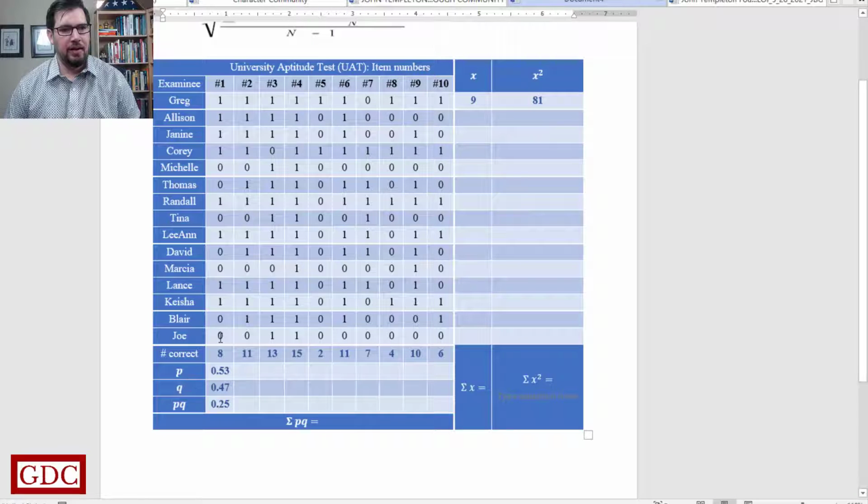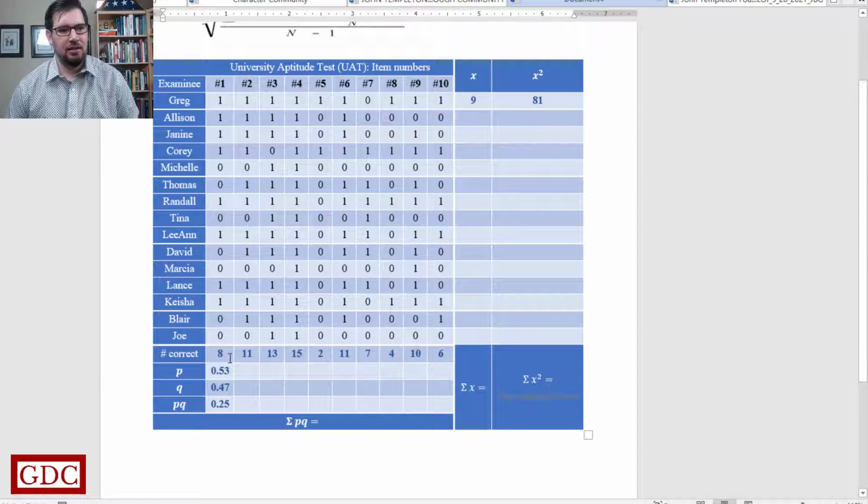For Q, it's the opposite. It's how many zeros out of 15. So that would be, instead of 8 out of 15, the opposite, 7 out of 15. If there are 8 ones, that means there's 7 zeros.